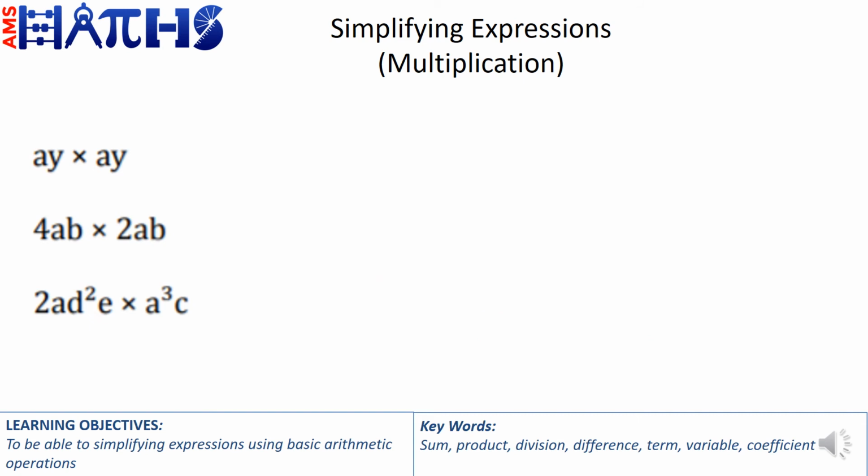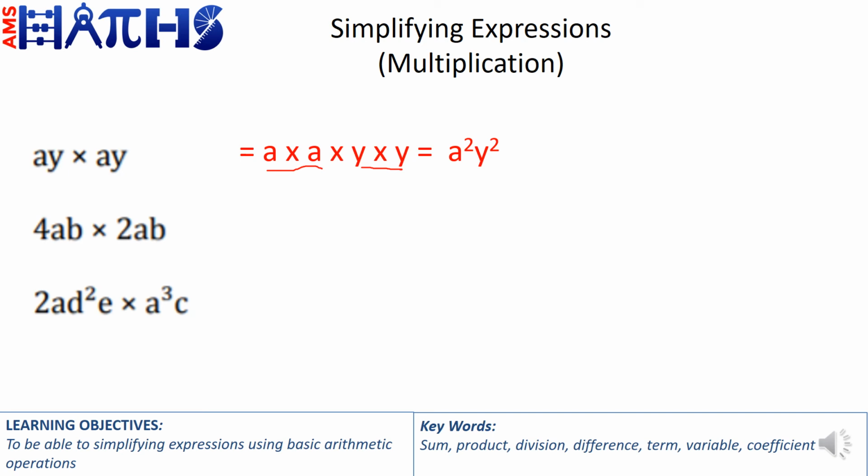Here are a few more examples of simplifying expressions using multiplication. And so for the first example, we have ay times ay. So we're going to put the a's next to each other, which gives us a times a. And we're going to put our y's together, which gives us y times y. A times a gives us a squared, y times y gives us y squared, so our final answer is a squared y squared.